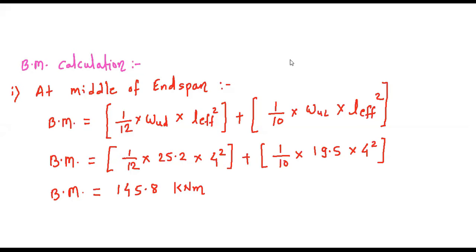Roll number 3, roll number 23, roll number 63 are getting 64.8. So shall we go with this? Okay, the answer is 64.8.